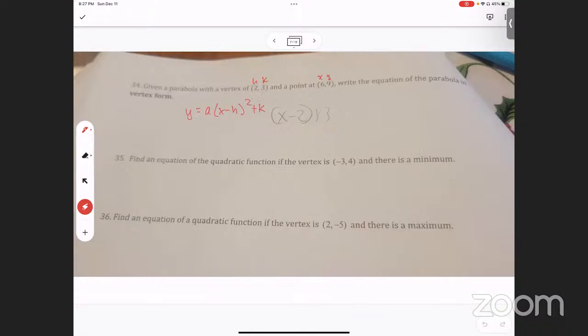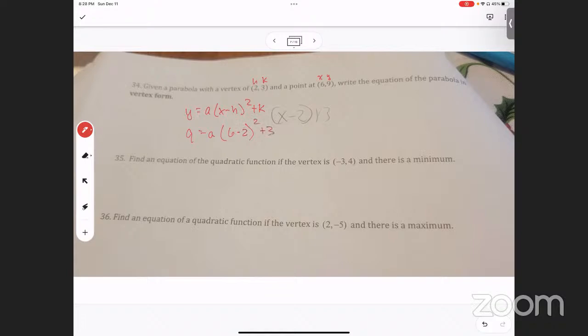All right. So what's my x? Or sorry, what's my y value? Y is 9. Good. And remember, I don't have an a yet, right? So I'm going to write a because I'm solving for that. What's my x value? 6. So 6 minus 2 squared plus 3.